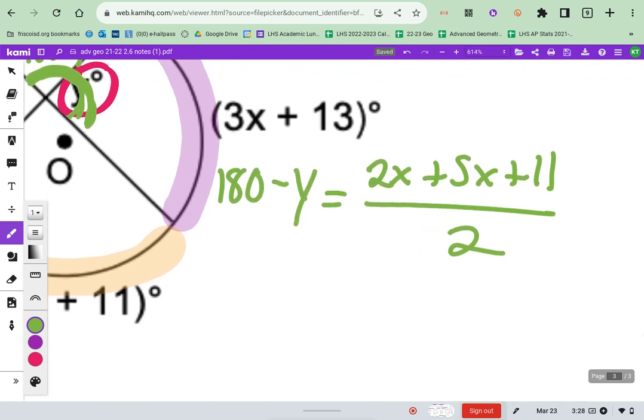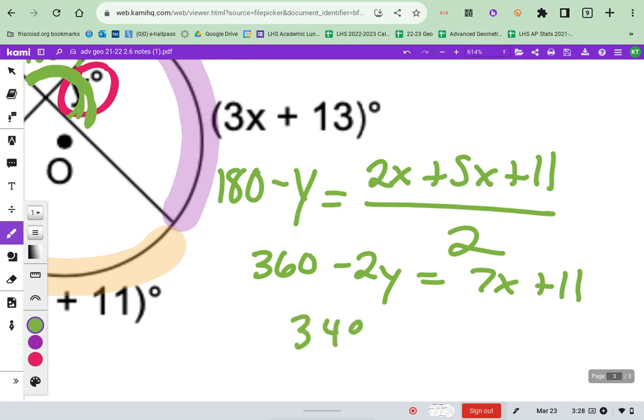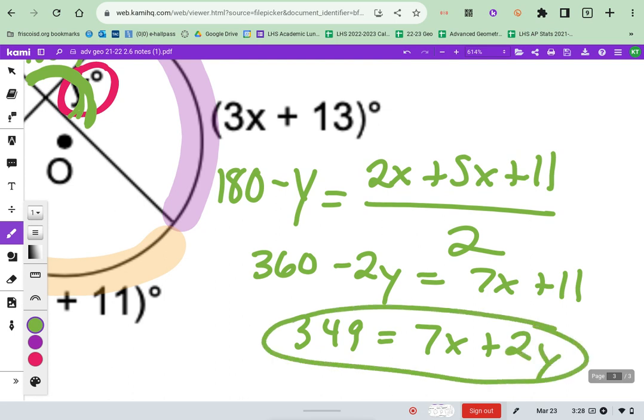So when I simplify, I'm going to multiply by 2 on both sides and get 360 minus 2y equals 7x plus 11. So let's see, that's going to be 349 equals 7x plus 2y. And I'll circle that one. That's going to be my second equation.